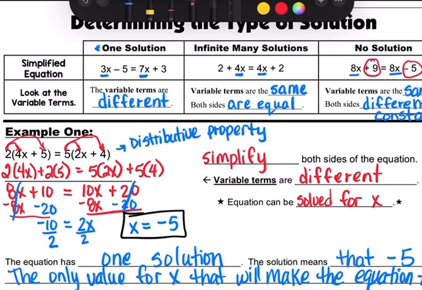So there's no other number I could substitute in here to make that equation true. Only negative 5 will make this equation true.